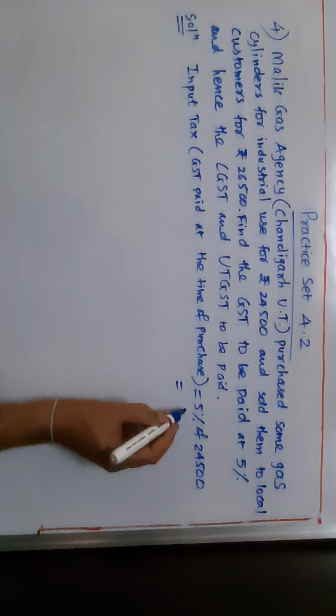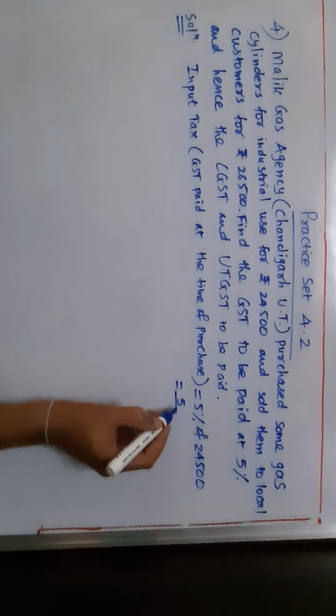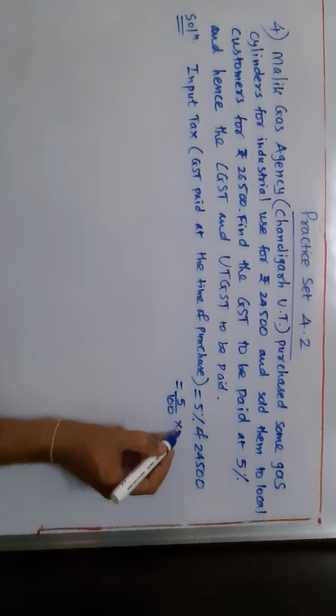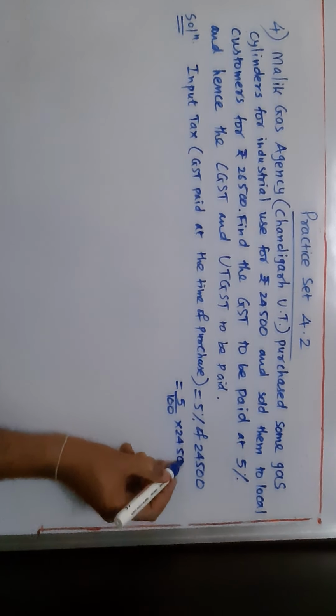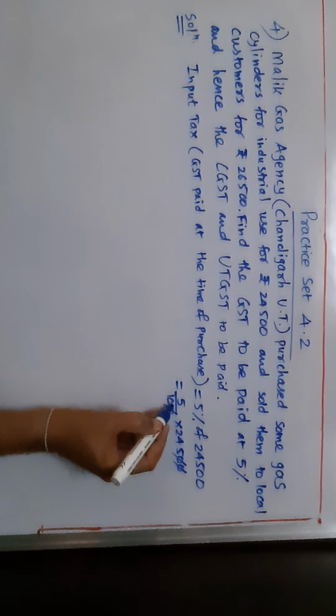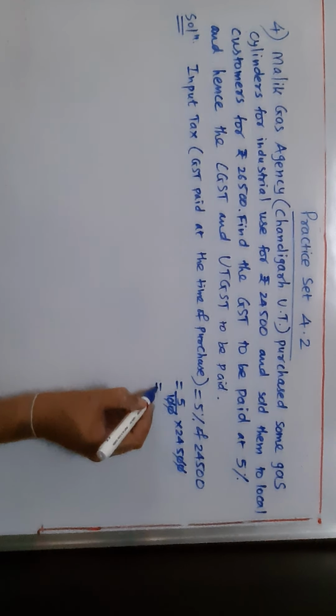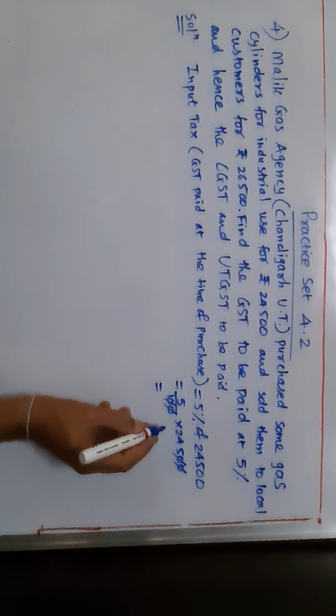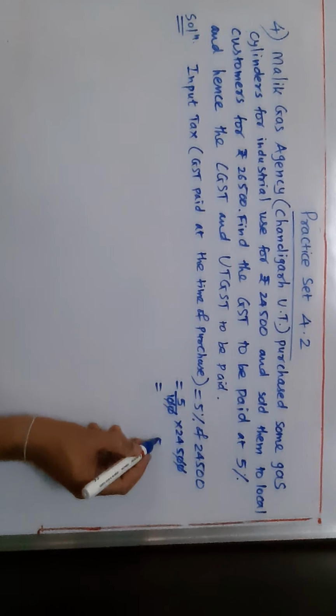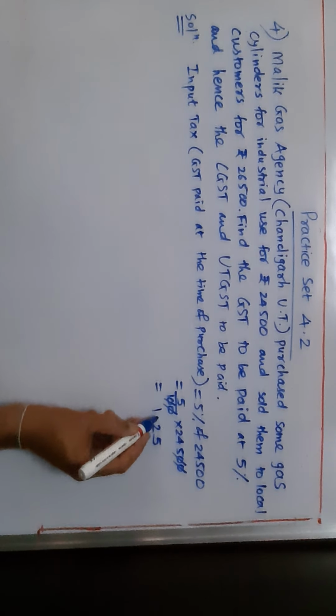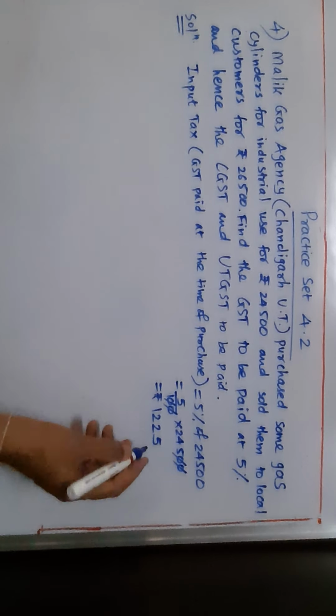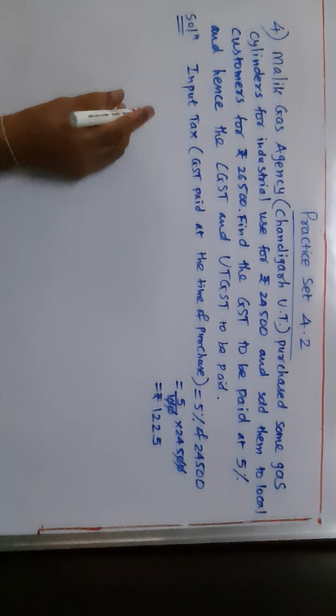So how to find 5% of 24,500? 5 upon 100 multiplied by 24,500. We cut the two zeros with 100, and when we multiply 5 with 245, we get the product. 5 5s are 25, 4 5s are 20 and 2 is 22, and 5 2s are 10 and 1 is 12. So rupees 1,225 is the input tax or ITC.